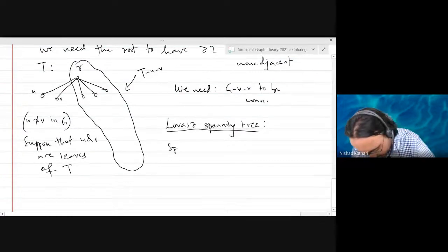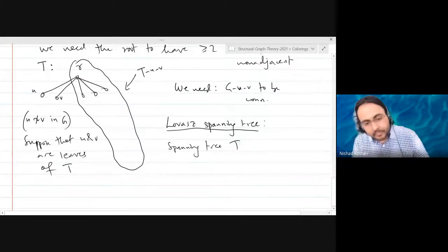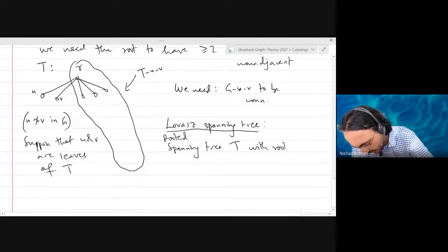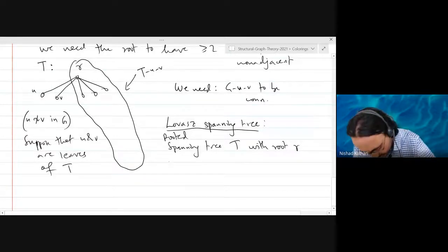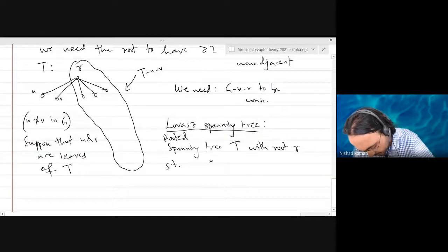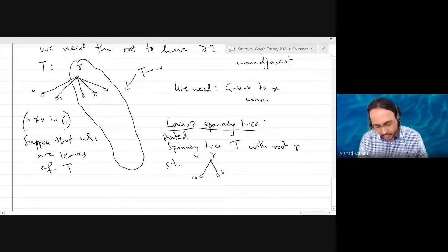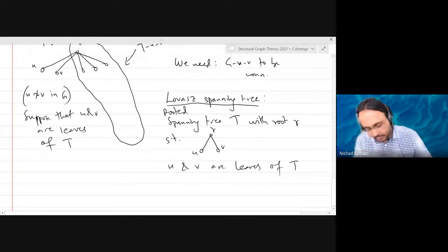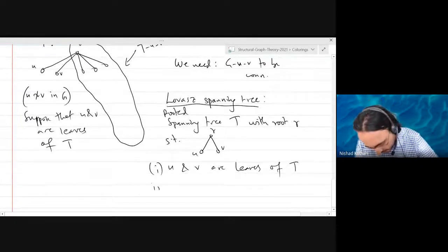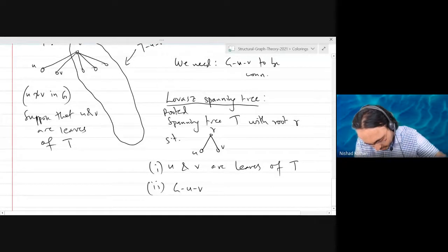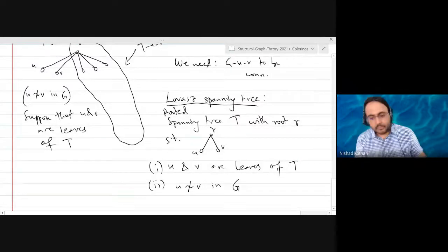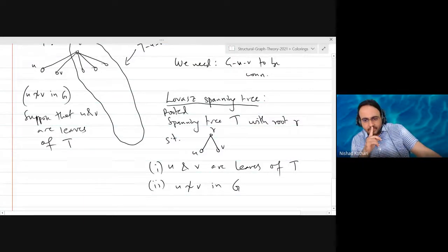It is a spanning tree T. Let's call it a rooted spanning tree with root R. Okay, we can make some vertex the root, such that we have this structure R, U, and V. Okay, where U and V are leaves of the tree, and second property is that U is not adjacent to V in the graph G. Okay.